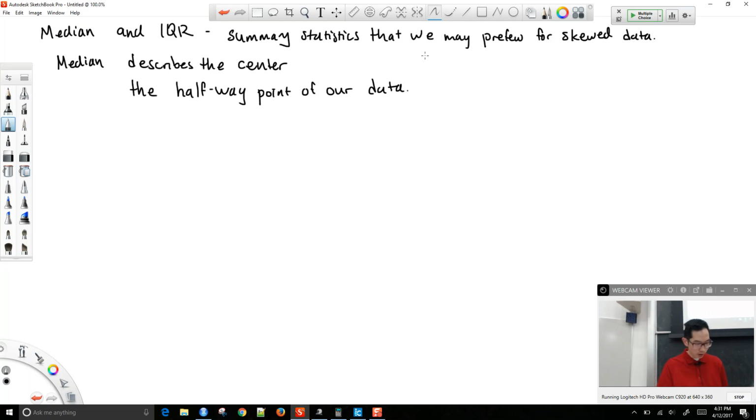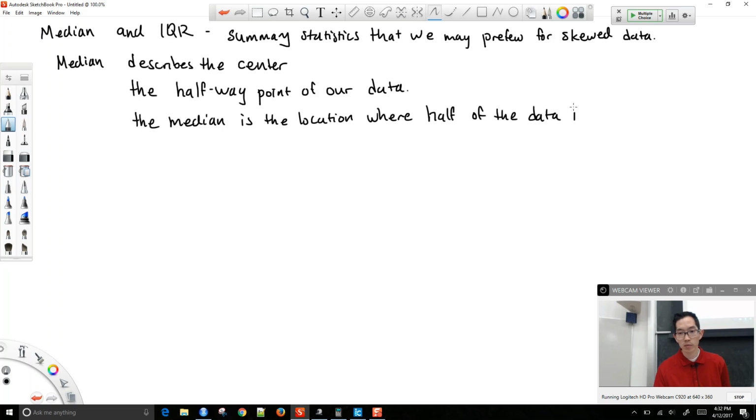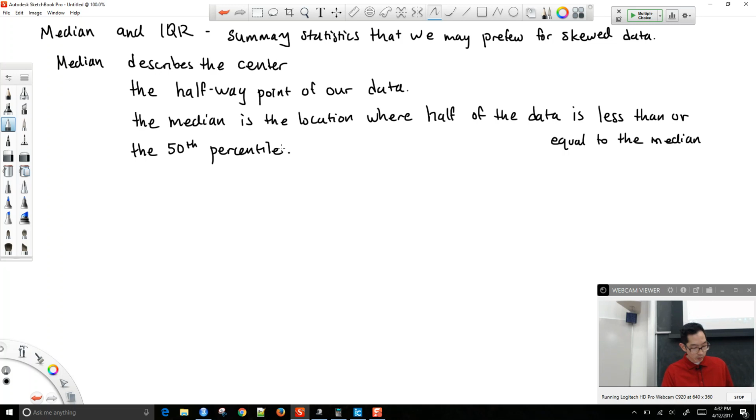The median is going to be the location where half of the data is less than or equal to the median. Or we can say it is the 50th percentile. Okay, 50th percentile means that 50% of the data is smaller than the 50th percentile.